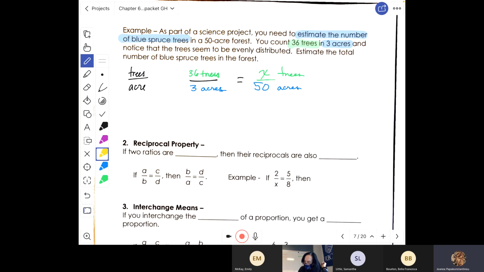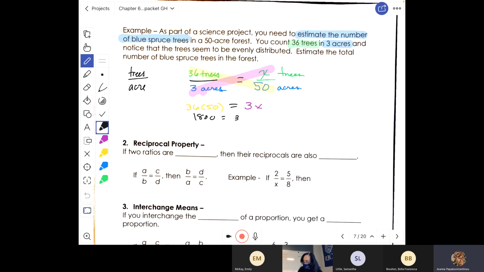Okay, so I'm solving for X. Remember, I'm going to use the product property, so the cross product. So I'm looking at the product of my extremes, and I'm setting that equal to the product of my means, and I'm solving for X. So if I multiply on the left-hand side, what am I going to get?